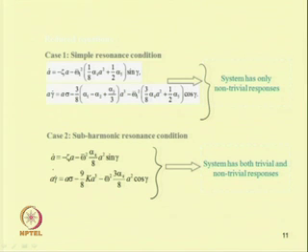A equal to 0 represents the trivial state of the system, but A not equal to 0 is the non-trivial response of the system. So, in case of subharmonic resonance, the system has both trivial and non-trivial response, but in case of simple resonance condition, the system has only non-trivial response, as A equal to 0 is not a solution of the system.